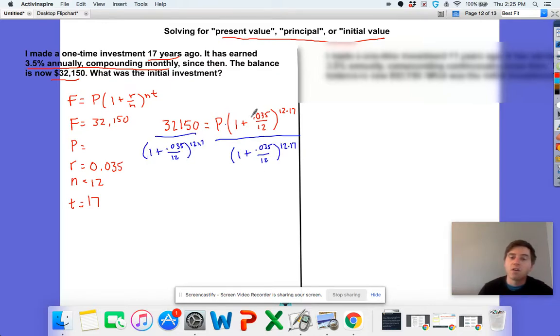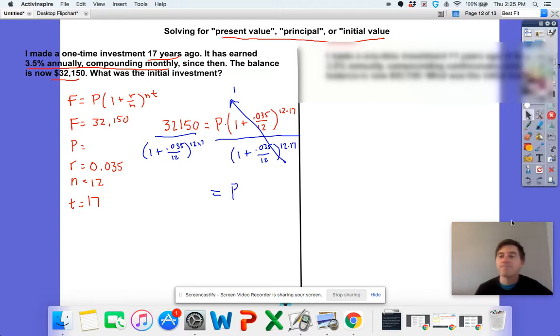Anything divided by itself will be 1, so this thing here is being divided by itself, which means that is 1. And 1 times P is just P. So we're left with P equals whatever this is.